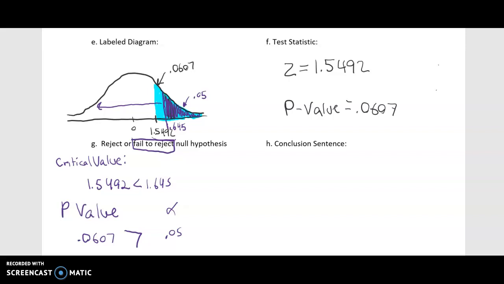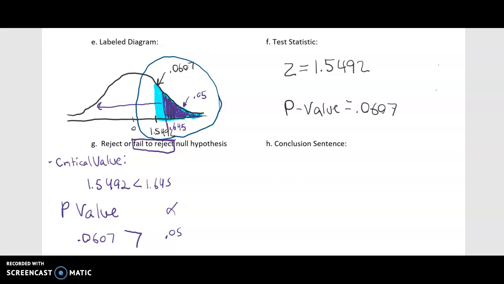Visually, you can see that the 0.0607 does not fit within the value of our alpha, that area, 0.05. So we only reject if this p-value is smaller than the 0.05, meaning it fits inside that region. So we can see here clearly that we're failing to reject.